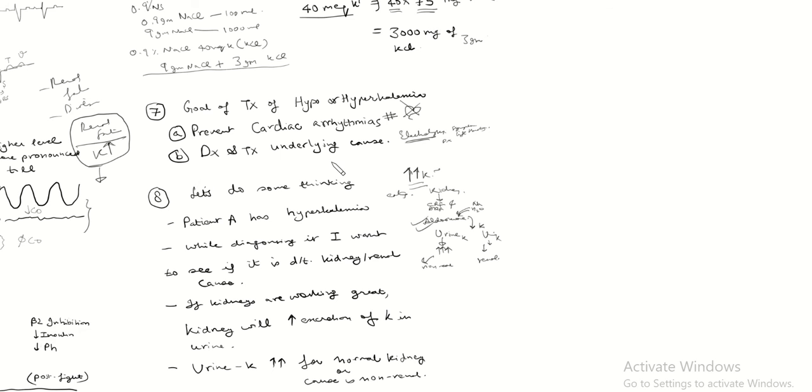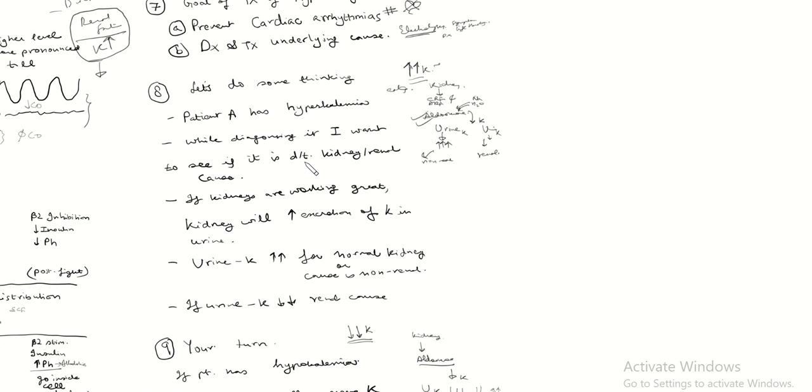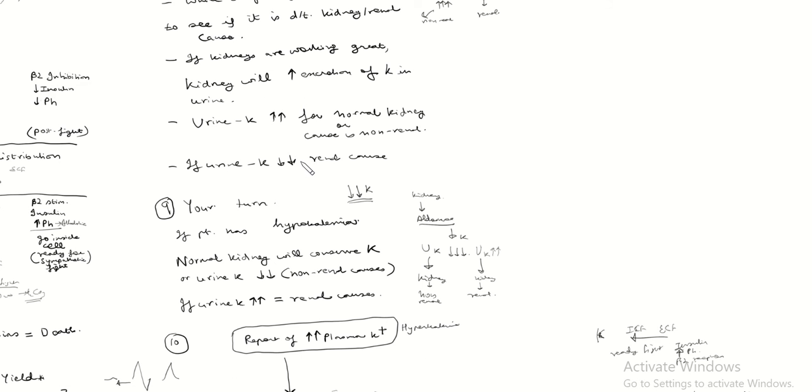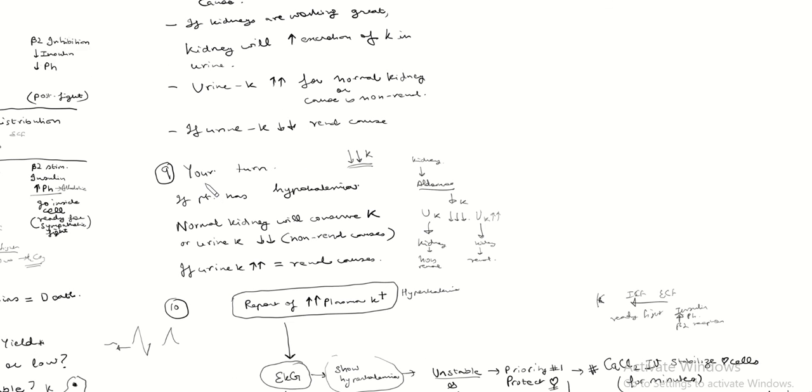We then looked at what the goal of the treatment is. And then we looked at how, if we've got to diagnose it a bit more, we can use urine sodium to sort out renal and non-renal causes of hyperkalemia and hypokalemia.